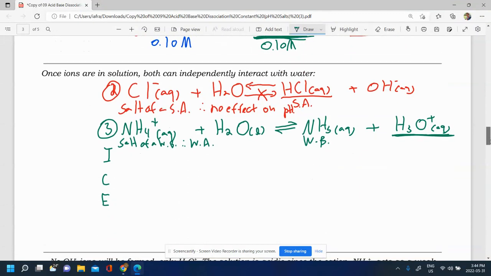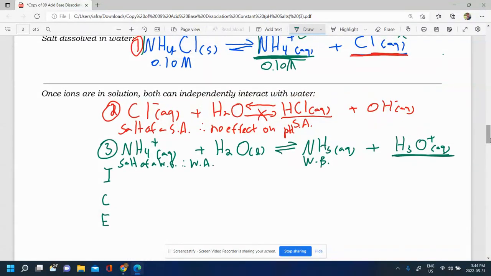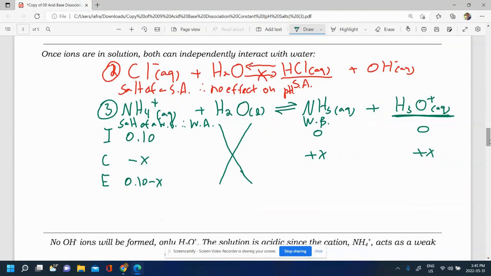So that's our initial concentration of the NH4 plus, 0.10 molar. We don't care about water because it's liquid. And assuming there was nothing in the beginning other than NH4 plus, this is 0 and this is 0. This would be plus x. This is plus x. This is minus x. Make sure it's balanced. And this is 0.10 minus x. This becomes x, and this becomes x.